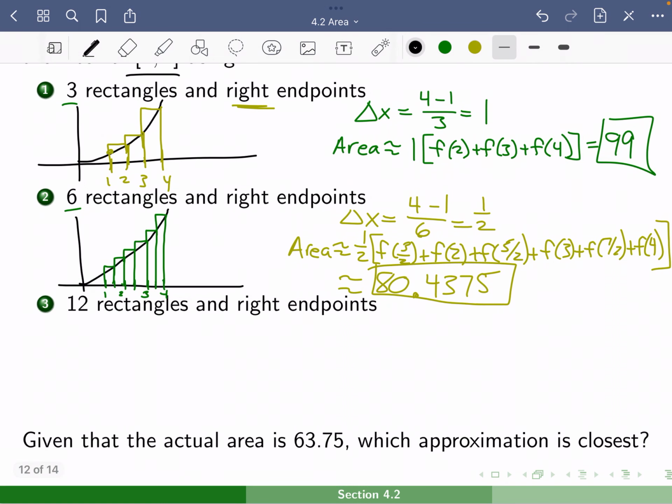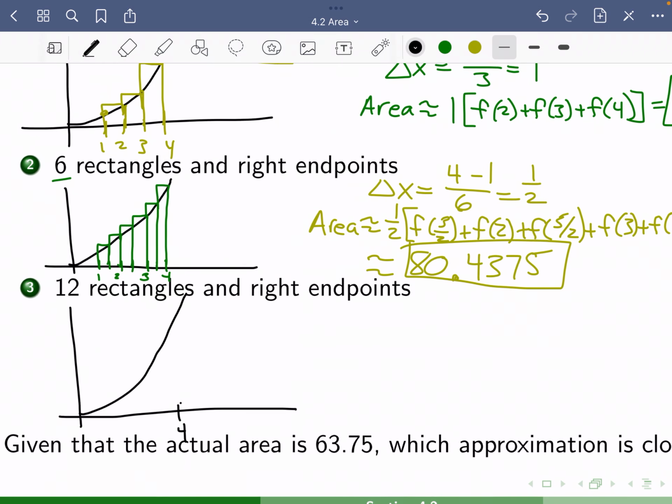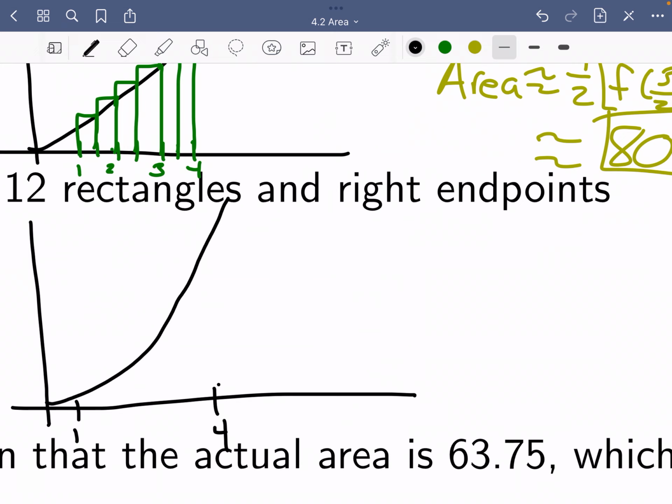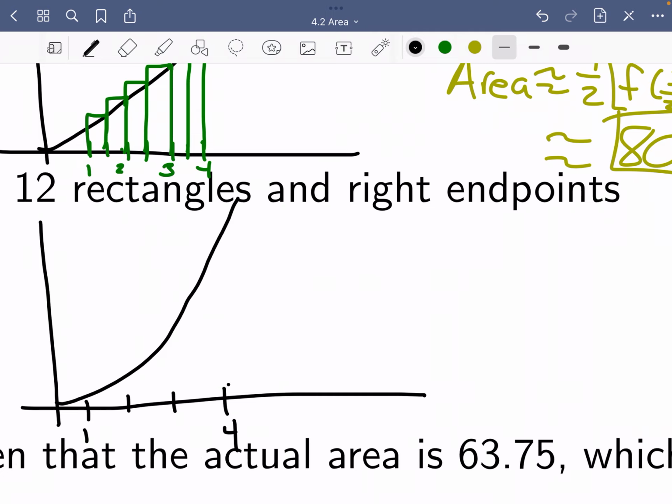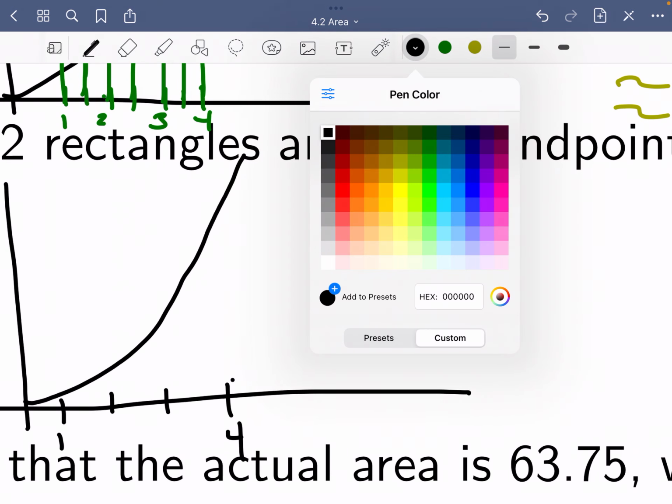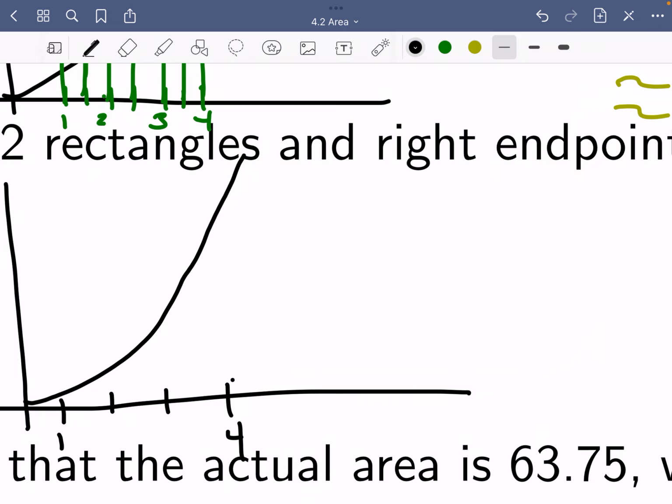What if instead of using 6, what if we used 12 rectangles? Okay, here's 4. Somewhere over here we have 1. We have 2 and 3. We will subdivide each one of those, and then subdivide each one of those.